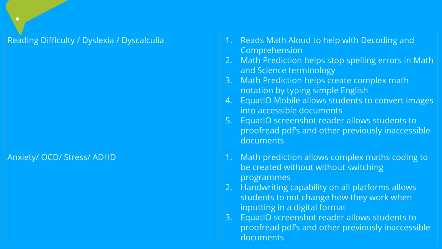So I won't go through them all, but for example, just the maths prediction, it helps stop spelling errors, which makes it much easier for students to complete their work faster if they're not making constant errors or having to learn keyboard shortcuts. Prediction helps with that as well, and it'll pick up what the student's trying to say. Then EquatIO Mobile makes all their documents accessible, so a student can take a picture of a book or a page in a library or in a lecture and then convert that into an accessible format, just like the scanning feature in the main Read&Write toolbar, which I'm sure you're all familiar with.